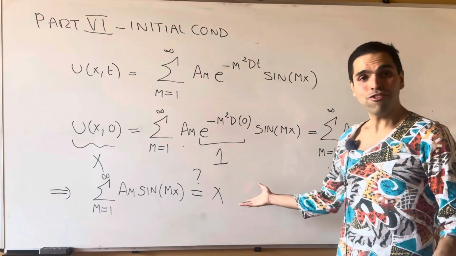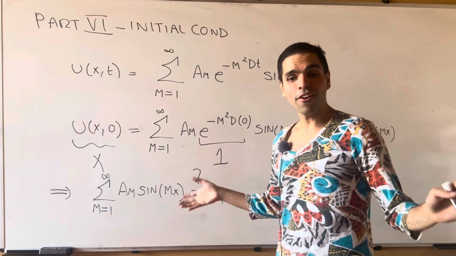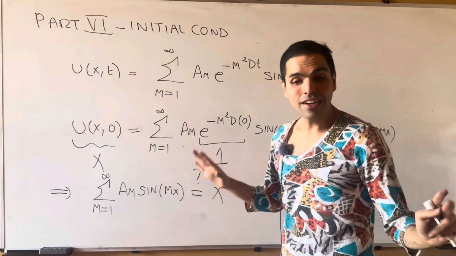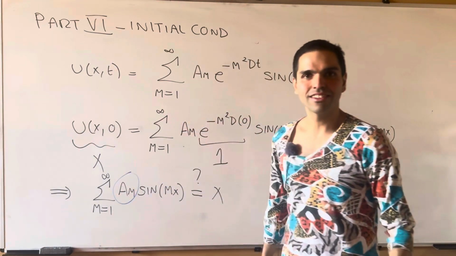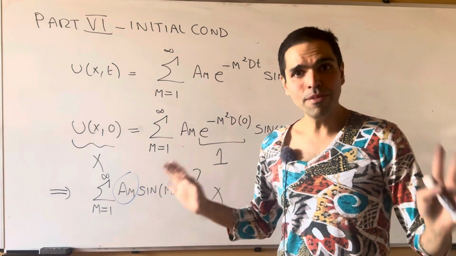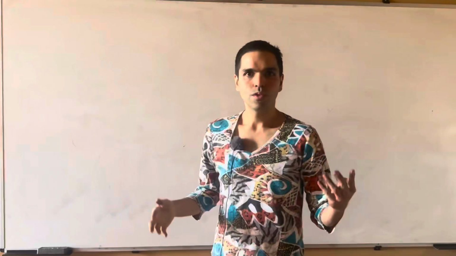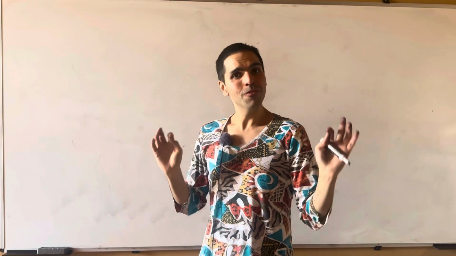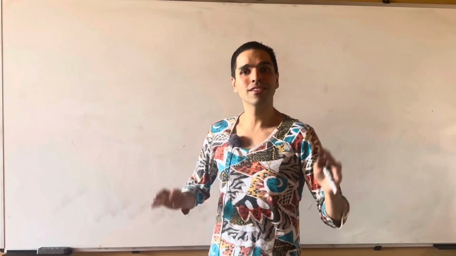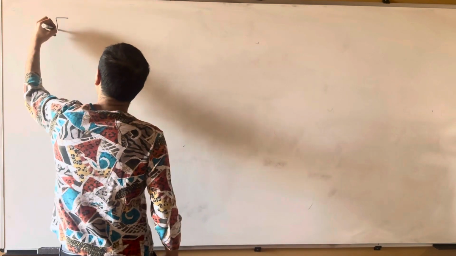Which unfortunately we are now stuck, because so far we don't know how to find this. So let me rephrase this. So what we end up with is a big problem, which is also called the famous Fourier problem.